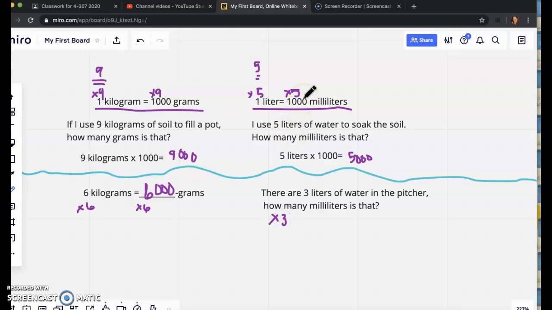That means we do it to that side too. 3 times 1,000 would make 3,000. Boom, there's my answer. There's a pattern. All we're doing is multiplying both sides by the same number. So again, I'll do this one more time.